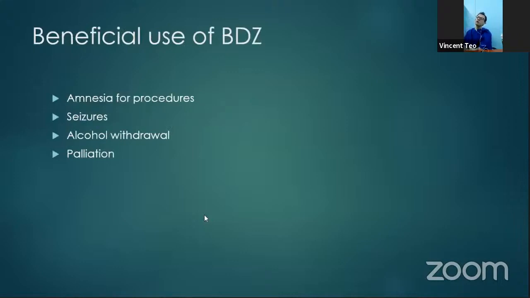So although benzodiazepine is associated with delirium, it has some benefits as well, especially in patients that you want to do some procedures on, such as a chest tube insertion, or patients who are seizing, those with substance abuse or alcohol withdrawal.